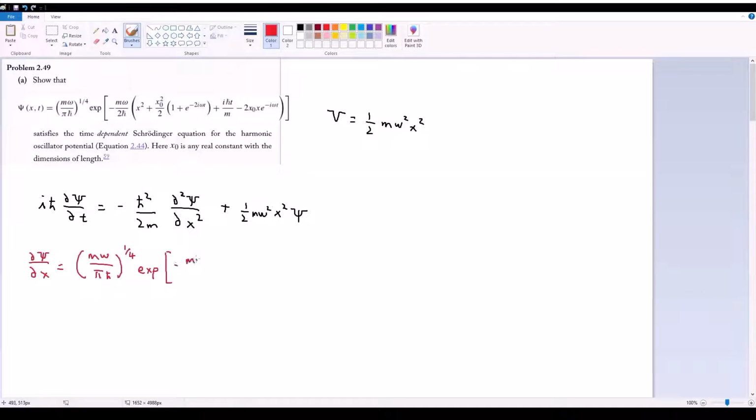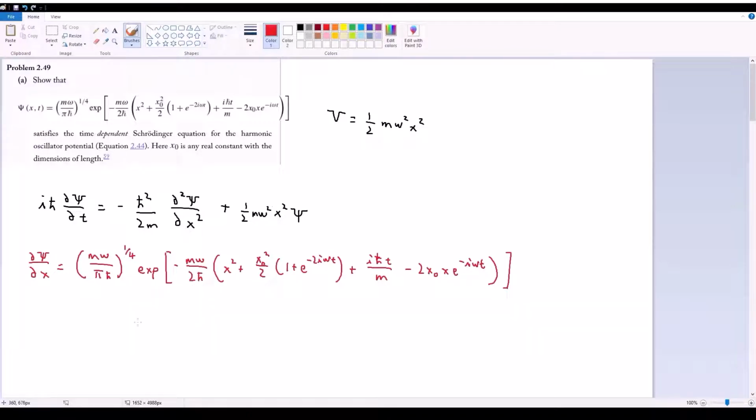So negative m omega over 2h bar multiplied by x squared plus x naught squared over 2 multiplied by 1 plus e to the negative 2i omega t, plus i h bar t over m, minus 2 x naught x e to the negative i omega t. And let's see, here everything is once again capped off, and then close this. So we have this exponential, and then we have the derivative of this inner term.